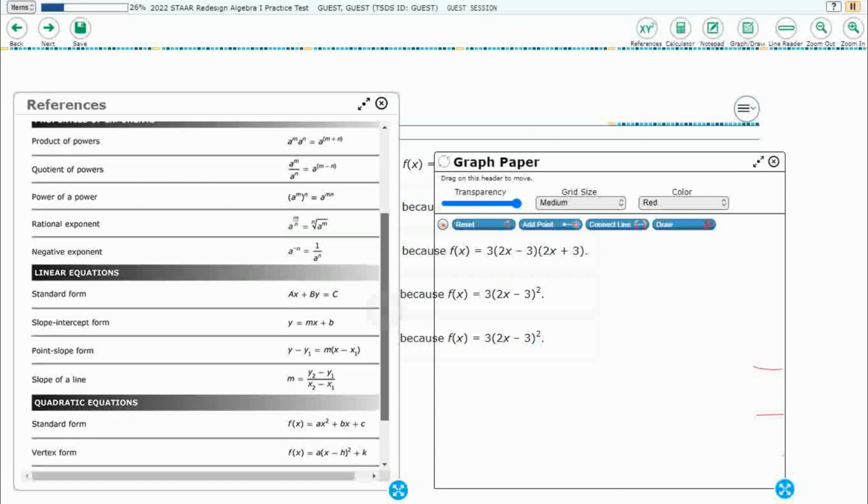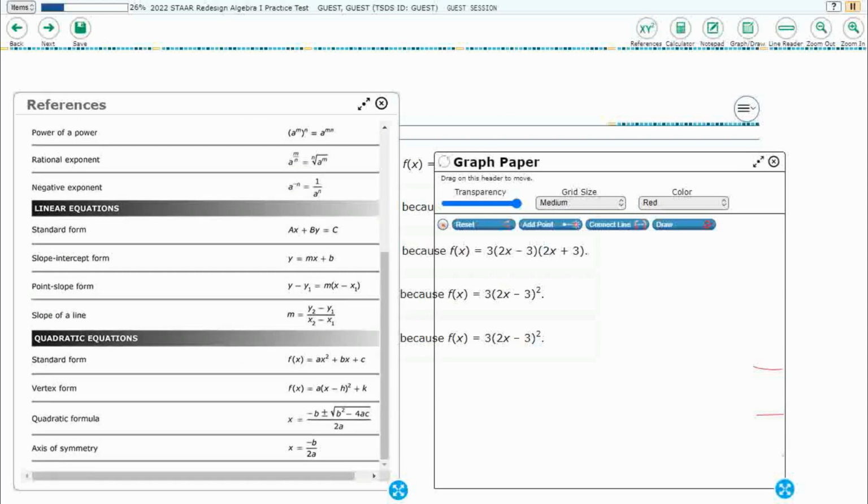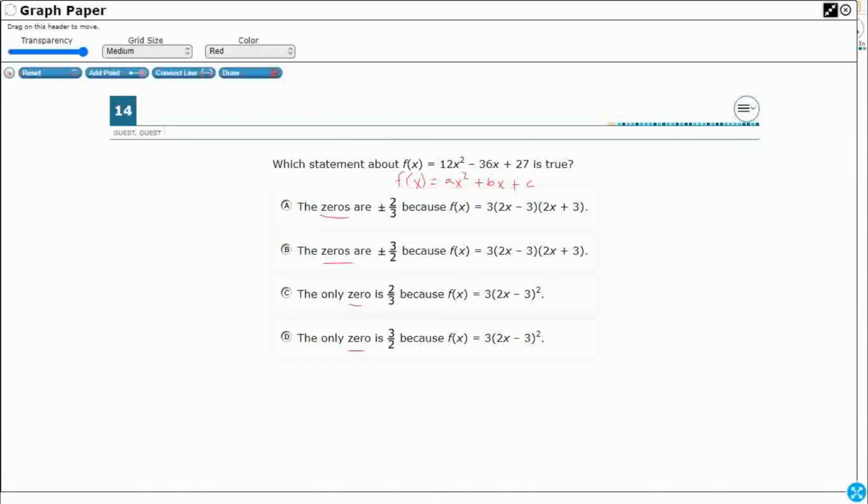That standard form is right there. And how does that help us? Well, we can label our a, b, and c. Okay, so our a equals 12, because that's the coefficient in front of the x squared. Our b is going to be negative 36, and our c is going to equal 27.